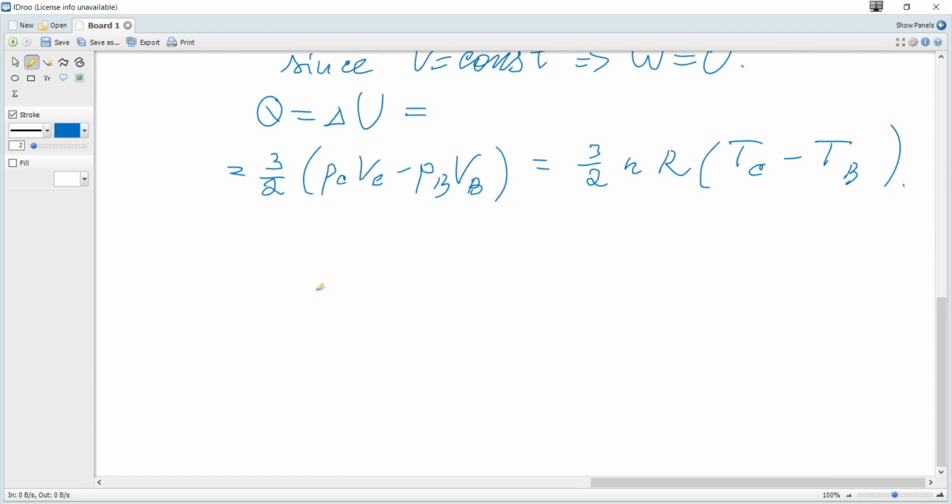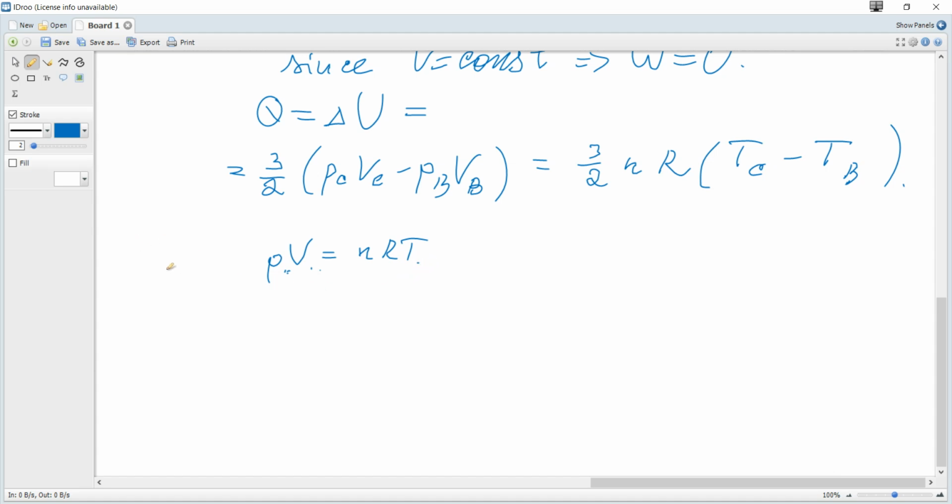Since the amount or number of moles of the gas is constant, the key formula for an ideal gas, PV equals nRT, is true for any point: PA, VA, TA, PB, VB, TB, or PC, VC, and TC.